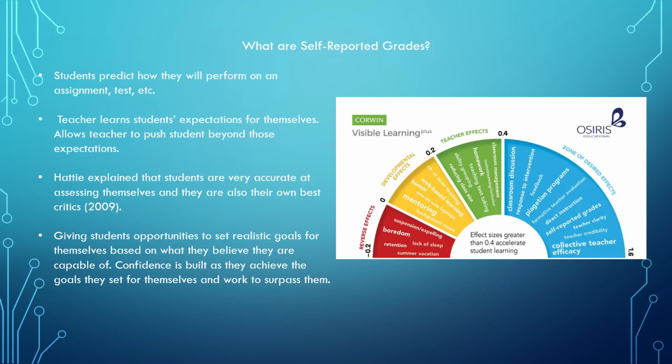So Hattie explained in this book that students are very accurate at assessing themselves, and they're their very own best critics. Students are always going to know what they're capable of or what they think they can do. And they oftentimes tell us this in the classrooms. They'll either say, oh, I can't do that, or they'll tell us how easy they expect the upcoming unit or the upcoming test to be.